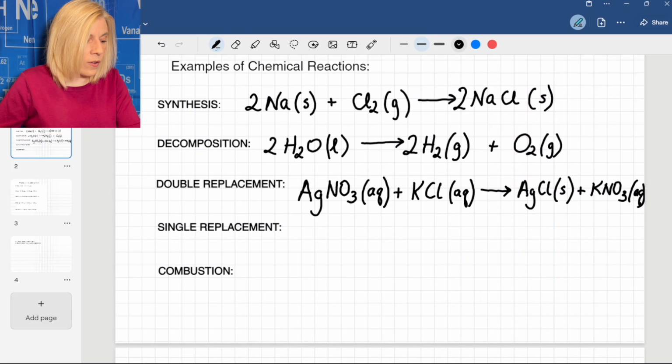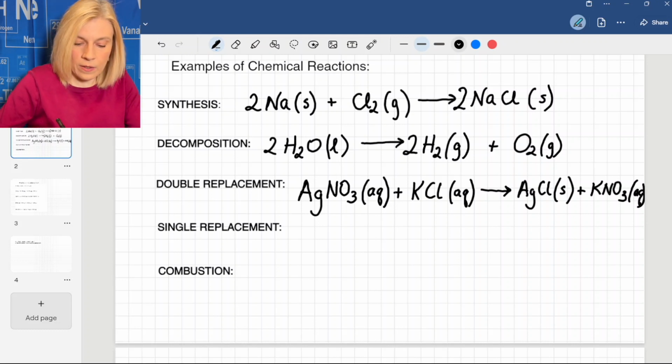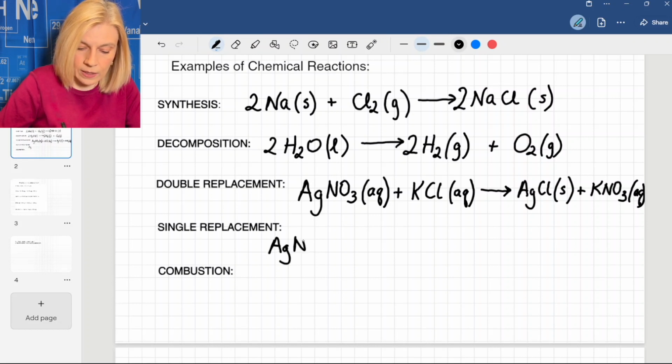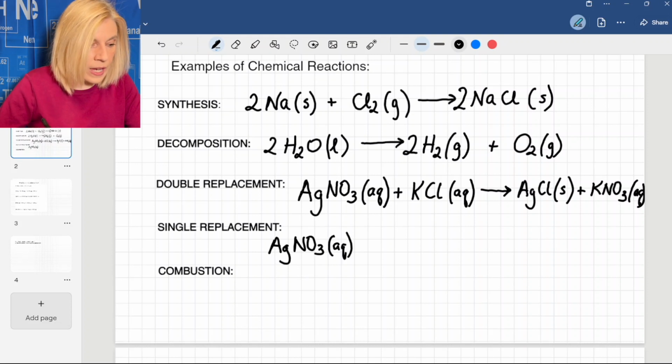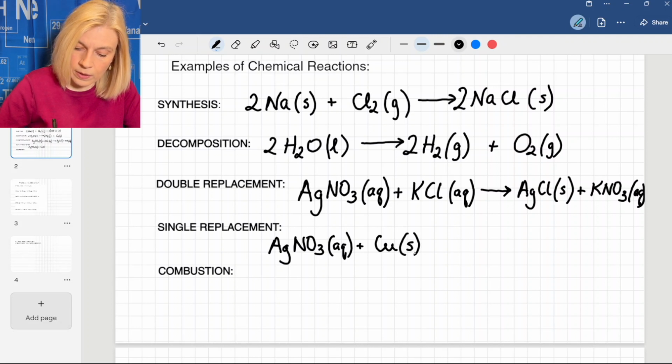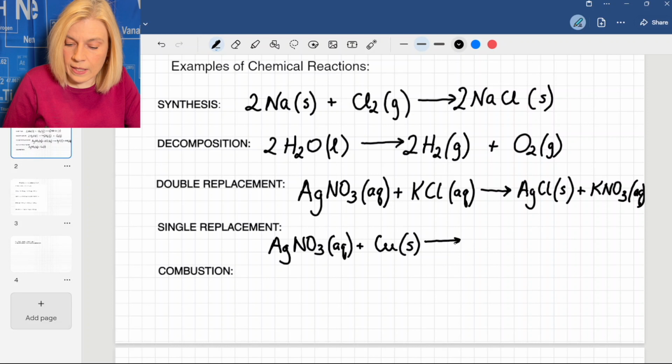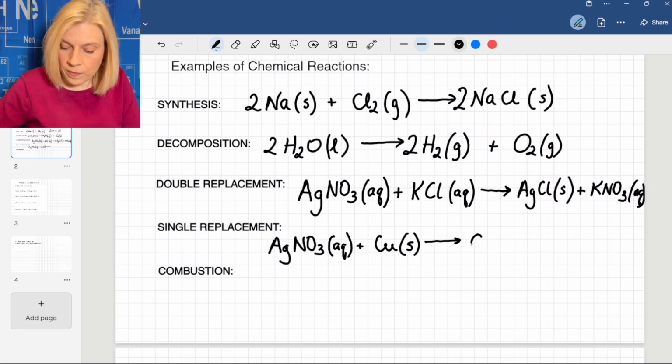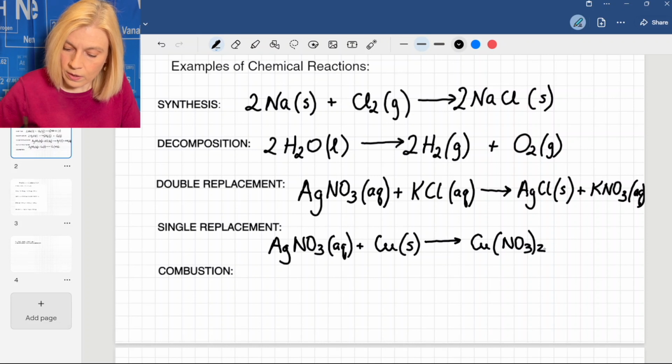A nice example of a single replacement reaction will be if you have, let's say, silver nitrate solution, and you're going to stick into this solution copper metal, copper solid, and then that will form copper nitrate solution, plus silver metal will be now by itself.